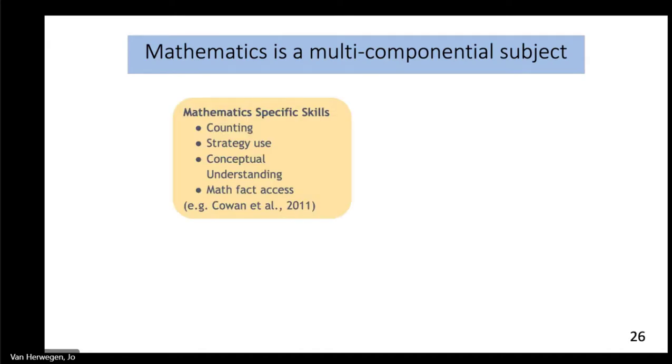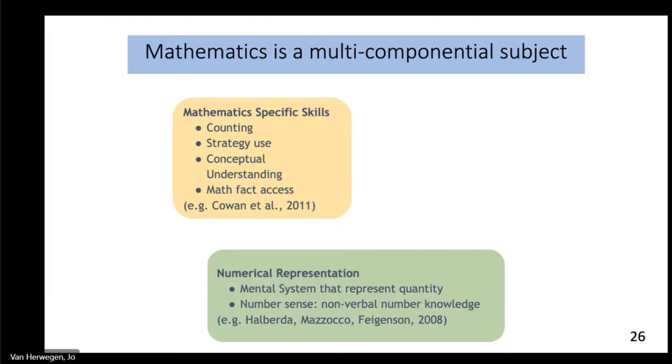But basically what we've seen so far is that mathematics is a multi-componential subject. So it's not just one thing. We already see that there are two core systems there. You have mathematics-specific skills such as counting, and that also includes, later on when children go to school, strategy use, conceptual understanding, and the math facts that they need to access.